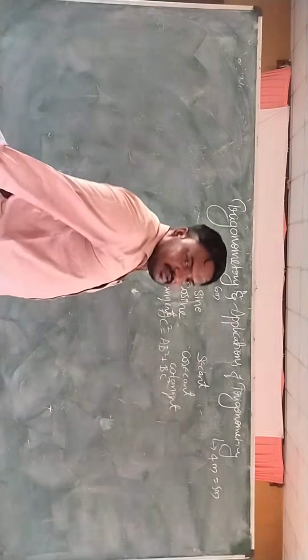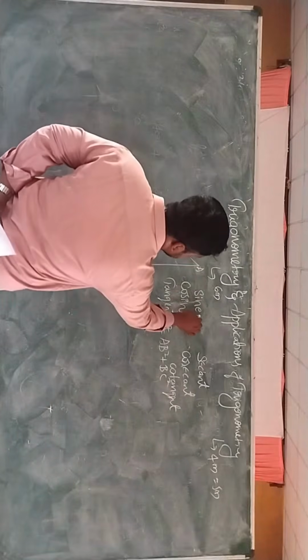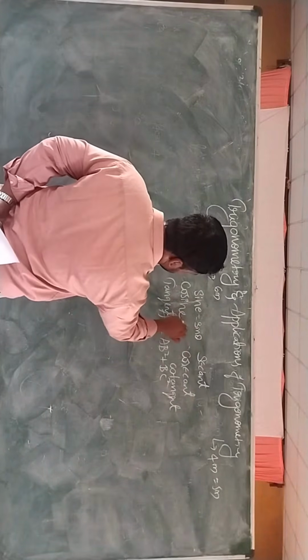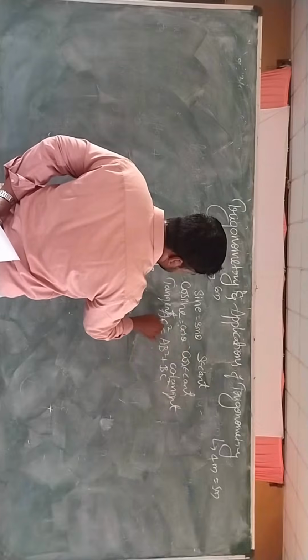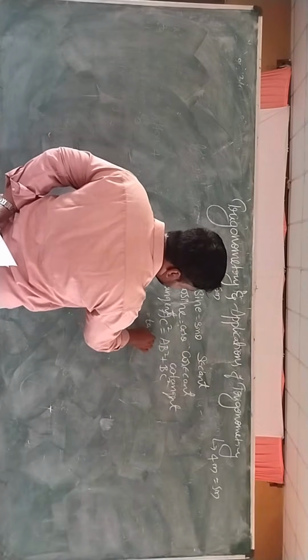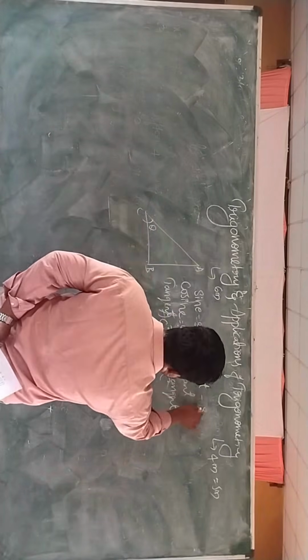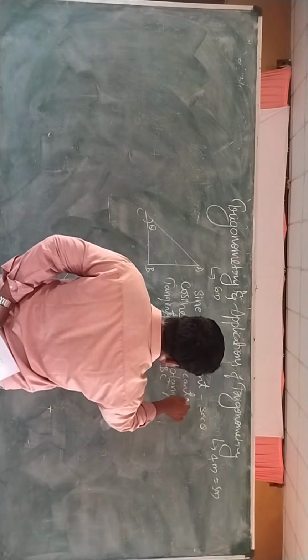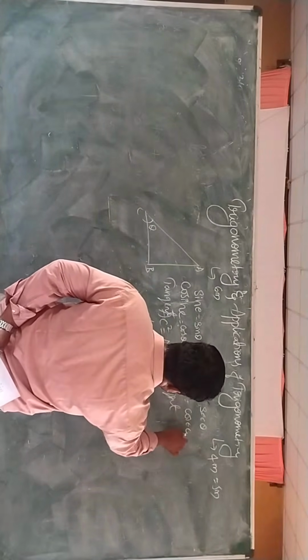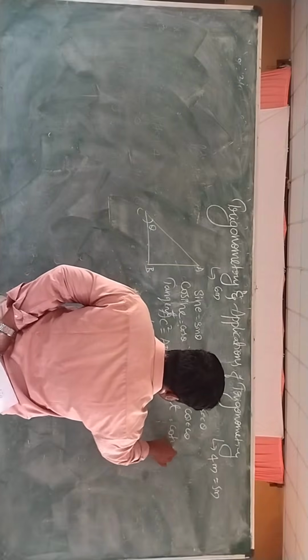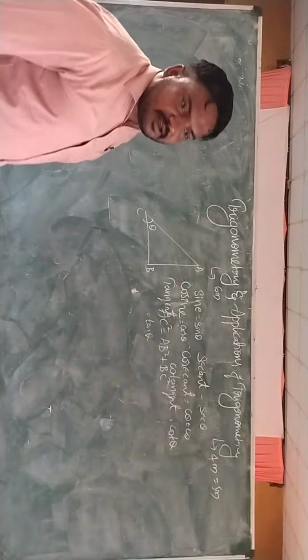In short, sine you can call it sin theta, cosine cos theta, tangent tan theta, secant sec theta, cosecant cosec theta, cotangent cot theta.